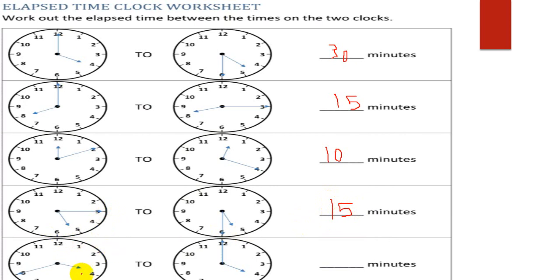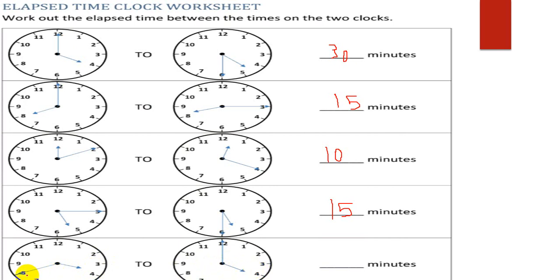The time in the first clock is what? Yes, it's 3. How many? 40. 40 minutes after 3. The time became what? 4 o'clock.